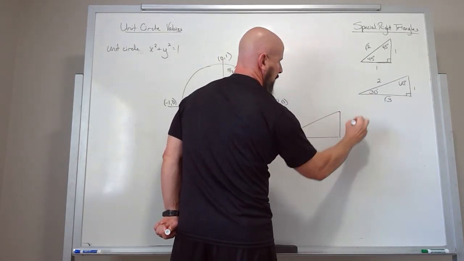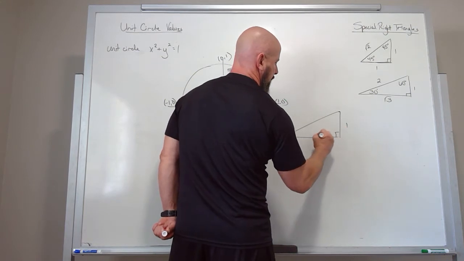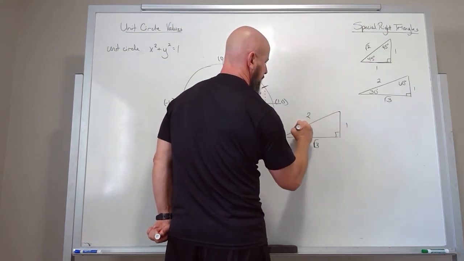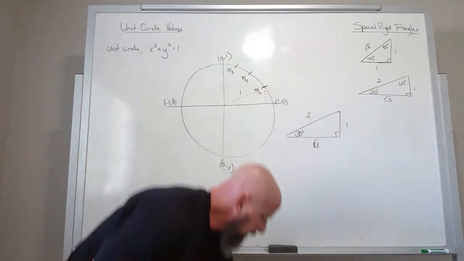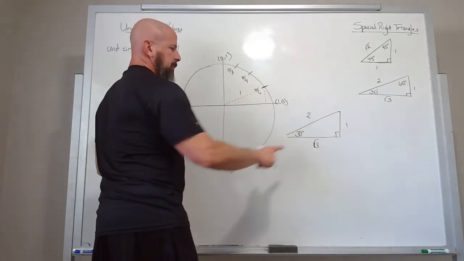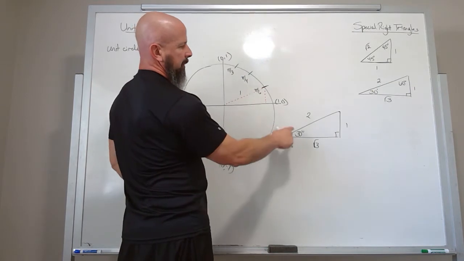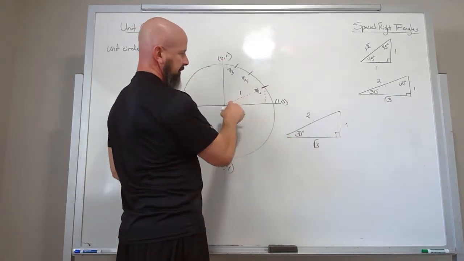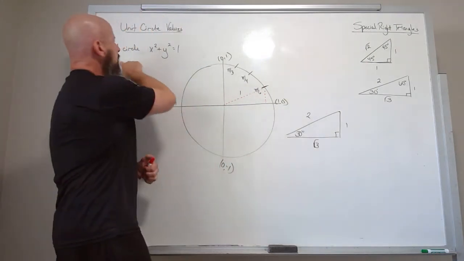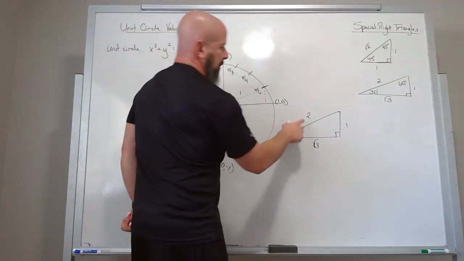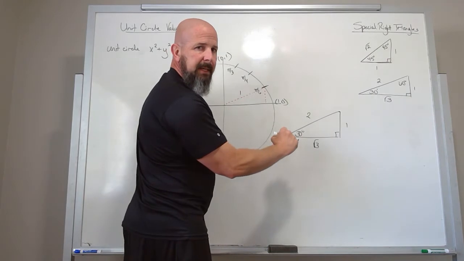But here we go. 1, root 3, 2. There's that 30 degrees. So what I'm stating is this particular triangle won't fit in here because this side's too long. So this is the hypotenuse 1. And again, 1 because it's the unit circle. This is 2.